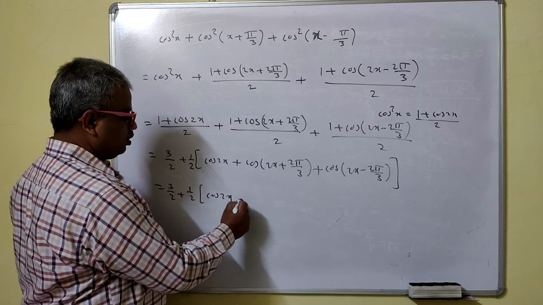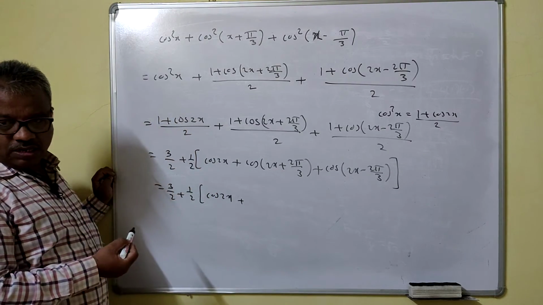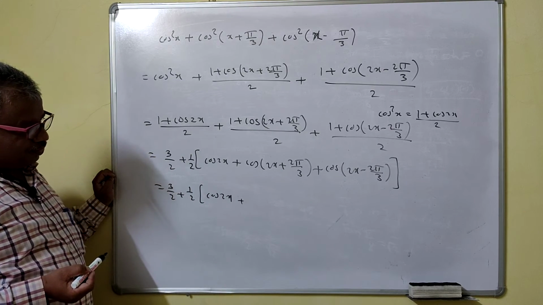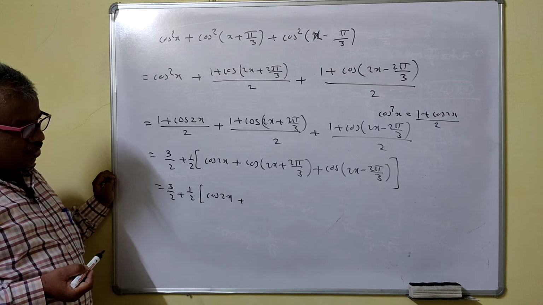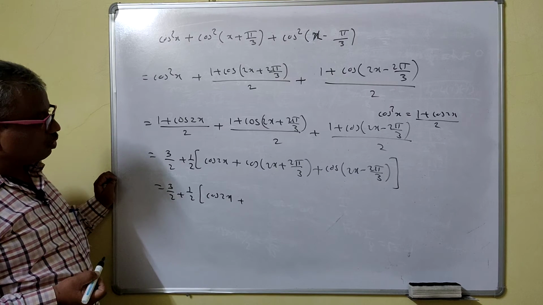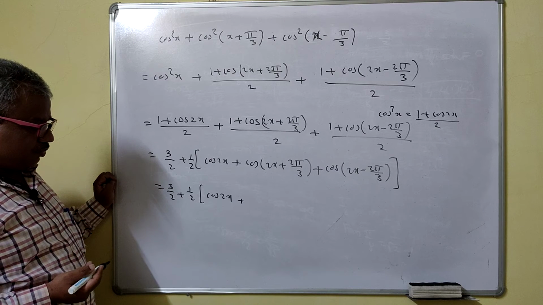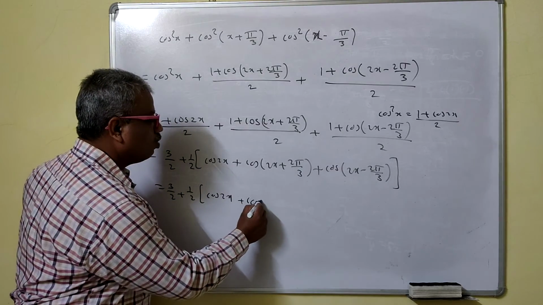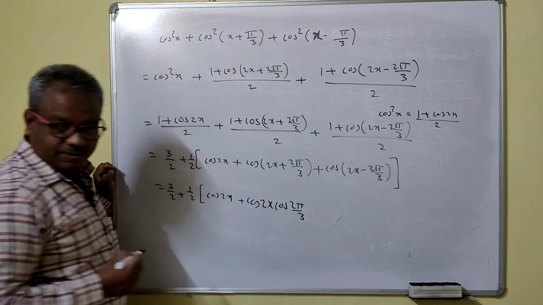This is cos, just write 2 pi by 3, right? Just write the formula only: cos twice x cos 2 pi by 3. You have to write the value now. This problem becomes very complicated here. So this is cos twice x cos 2 pi by 3.